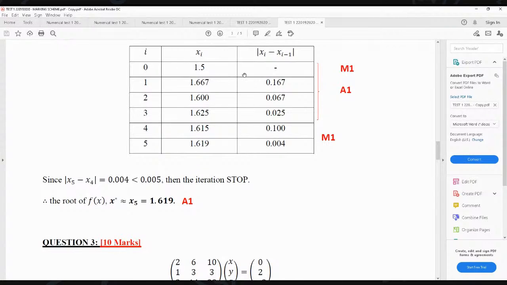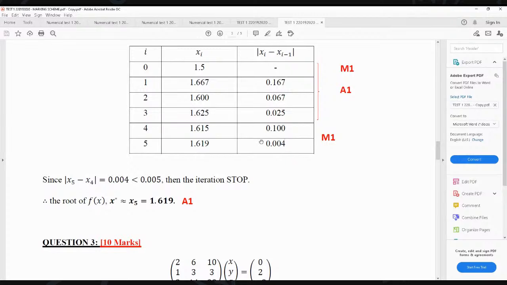You generate the iteration formula x_{i+1} equals 1 plus 1 over x_i: 1.5, 1.667, 1.6, 1.625, 1.615, 1.619. The iteration starts at 2, so 1 plus 1 over 2 is 1.5, right?